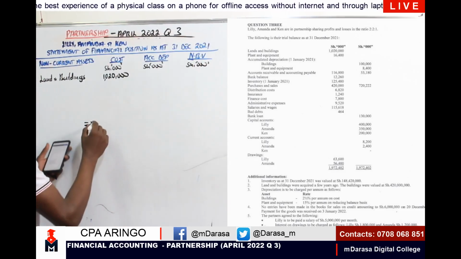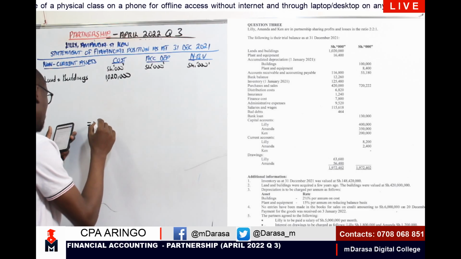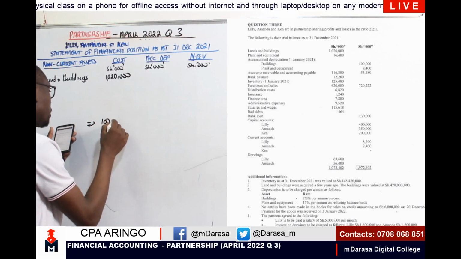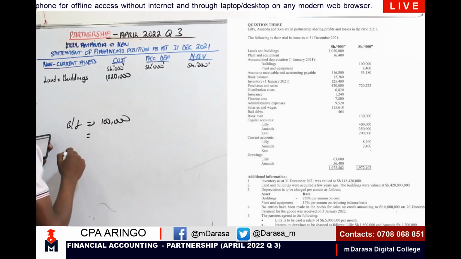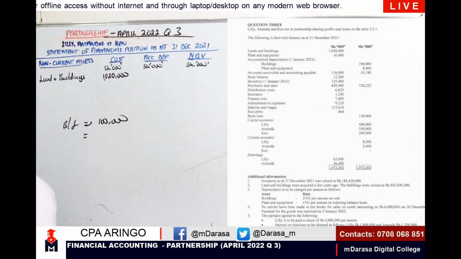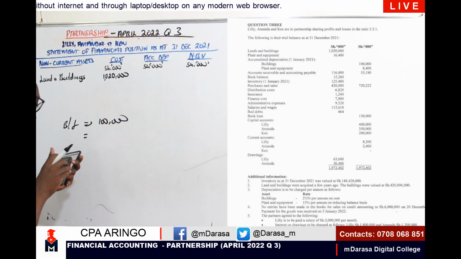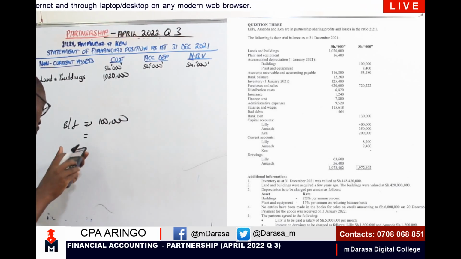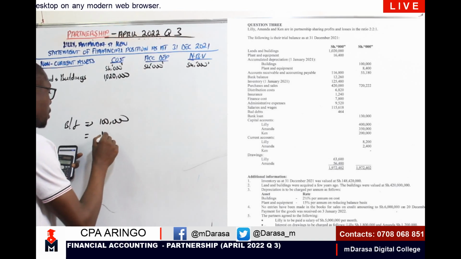Land and buildings, I'm having accumulated depreciation brought forward. I was given a figure of 100,000. Charge for the year, I was given 2.5% of 420,000. 0.025 times 420,000, in that case I had 10,500.